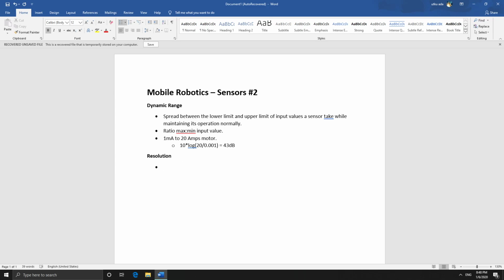So it's the minimum difference between values that can be detected by the sensor, such that these values are seen as different by the sensor. This is usually, but not always, the lower limit of the dynamic range.